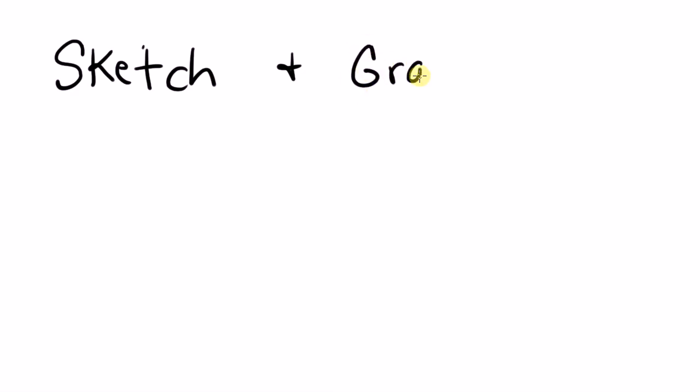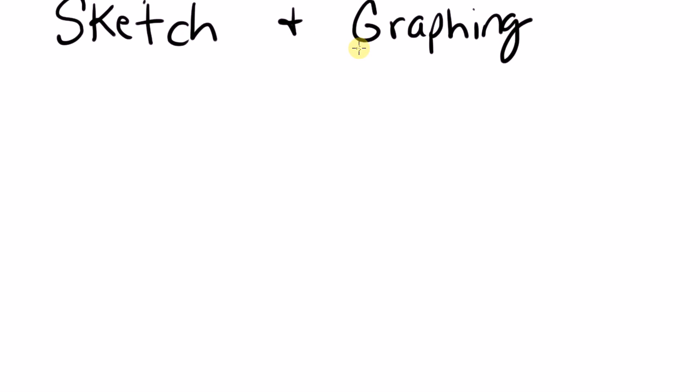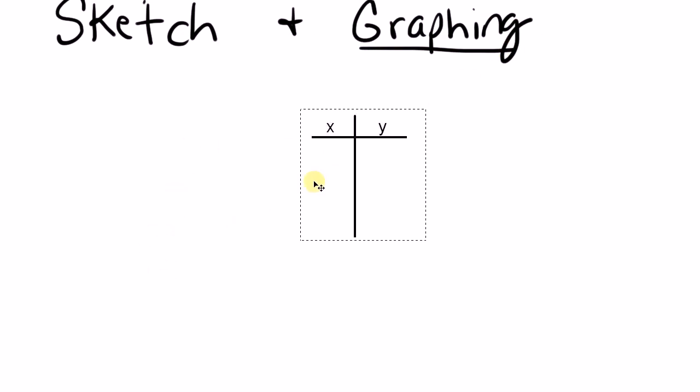The reason the degree is important is because when you're asked to sketch the graph, actually, first let's talk about the difference between sketching and graphing. When you're asked to graph a function, generally what they're asking for is something that is very exact.